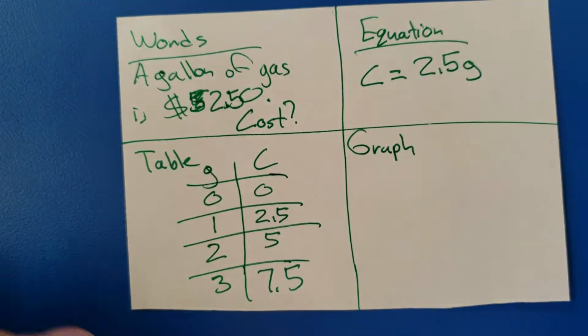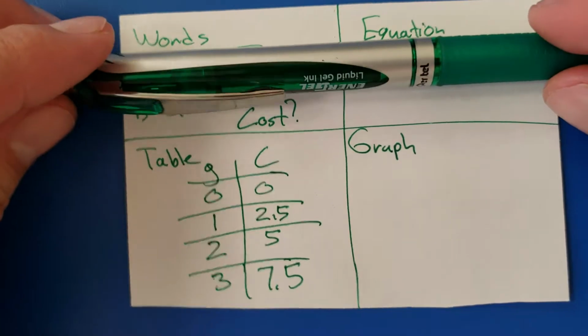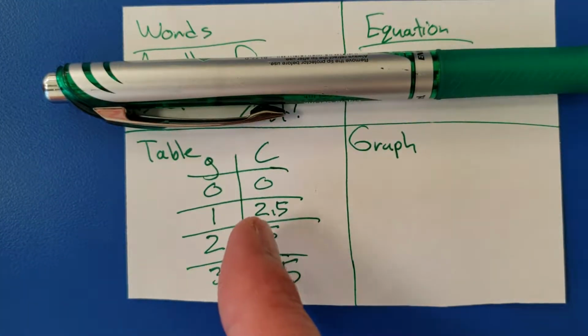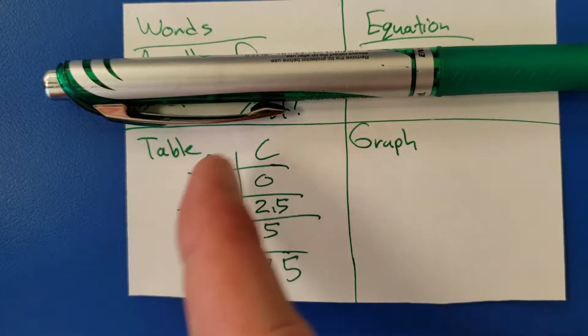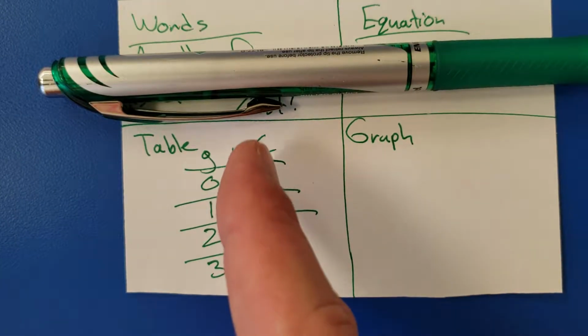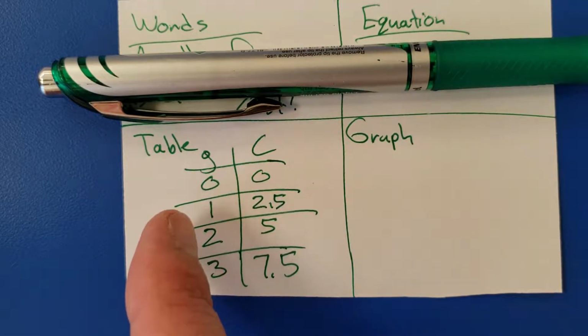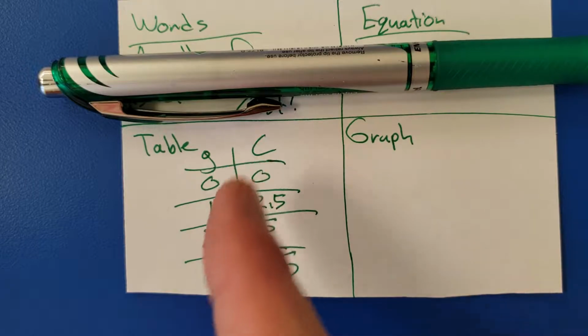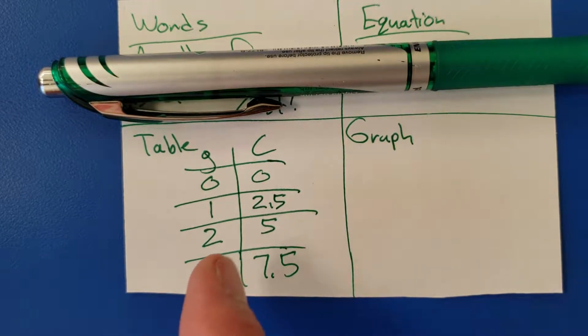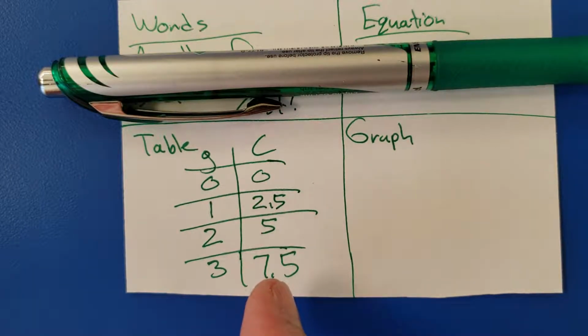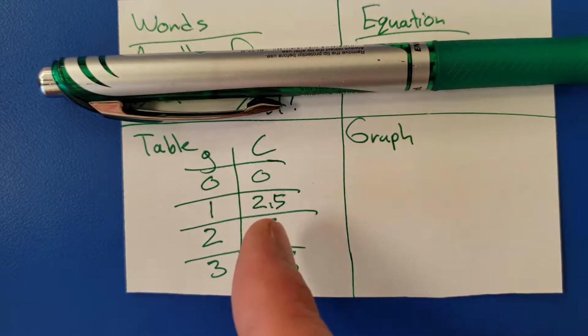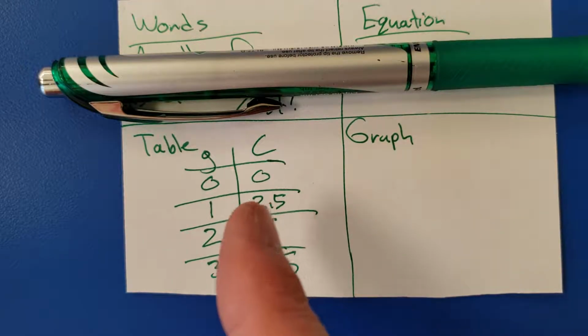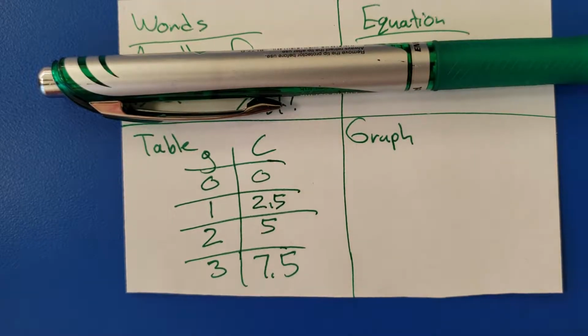Notice that if I had both of these situations covered up and I didn't see any of that, I could look at this table. Assuming I know that we're talking about the cost and the gallons of gas, assuming I know what the variables are, I'm pretty sure I can piece together a story here. It looks like the cost is going to be $2.50 times the number of gallons I buy.